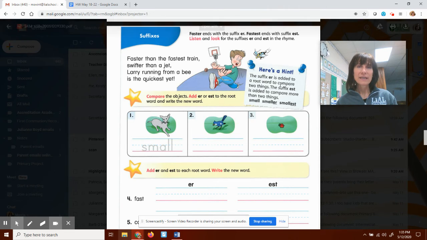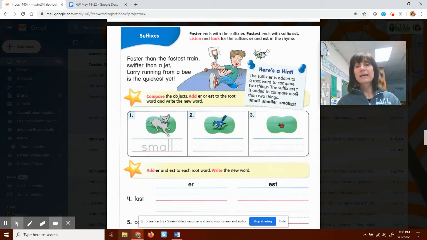A little bit of a hint when you're trying to decide if you need to use er or est. The suffix er is added to the root word to compare two things. Now, I like to look at it as er would be 2 letters, so that reminds me that er is 2 things that I'm comparing.